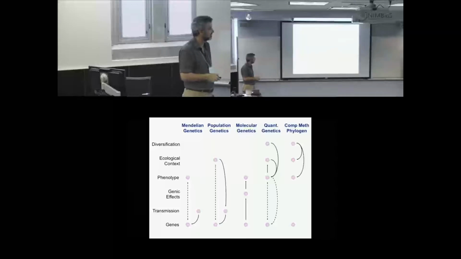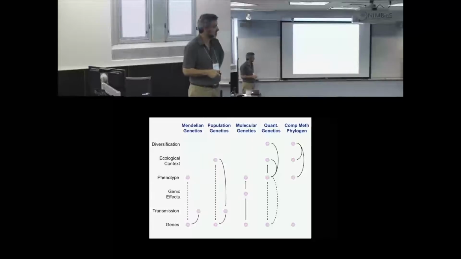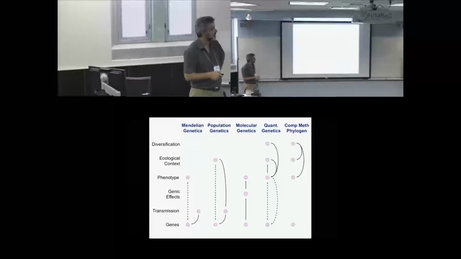And Mendelian genetics, when it came out, was basically trying to understand what genes are doing in terms of transmission just by looking at phenotypes. And then molecular biology is focused on the translation between genes that make phenotypes. Population genetics ignores phenotypes, but just essentially has an idea of what fitness is, and then how it changes genes.